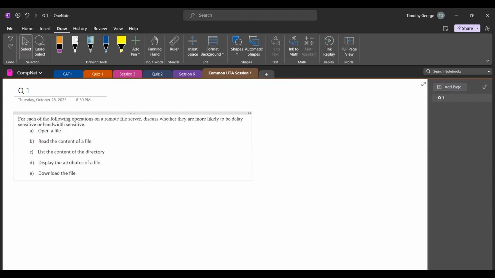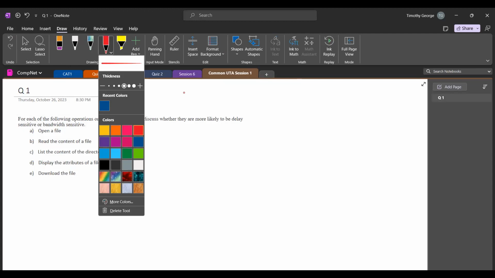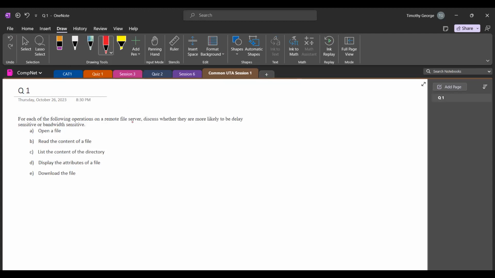I thought I would show you a question and give you some time to solve it, but this question is something that you've already seen, so let's just move on. For each of the following operations on a remote file server, discuss whether they are more likely to be delay sensitive or bandwidth sensitive. If you were in my previous sessions, you would know that we already solved this, but let's quickly go through this again.